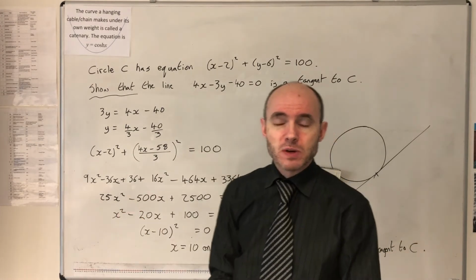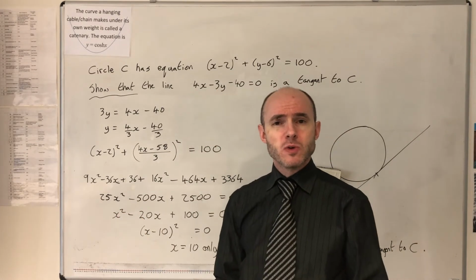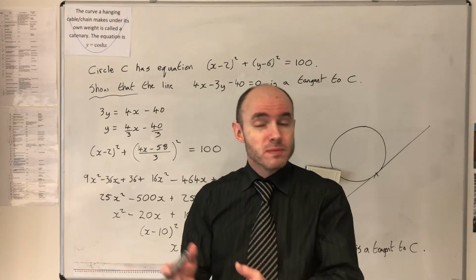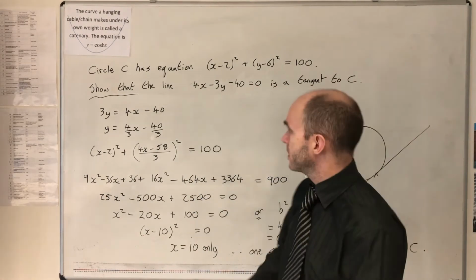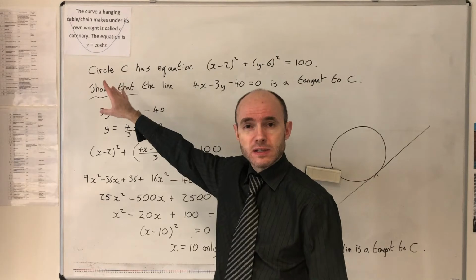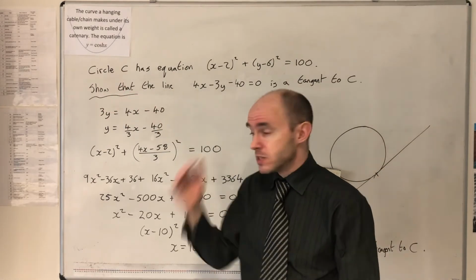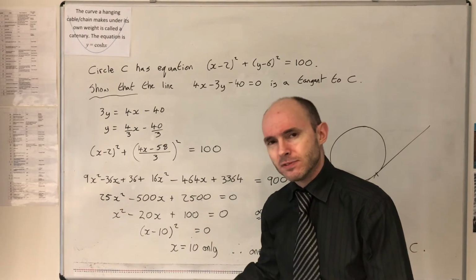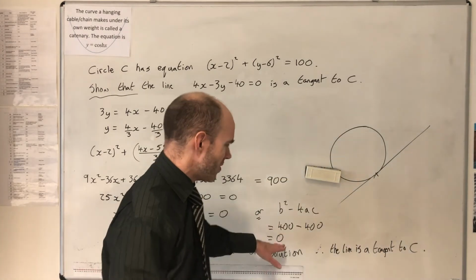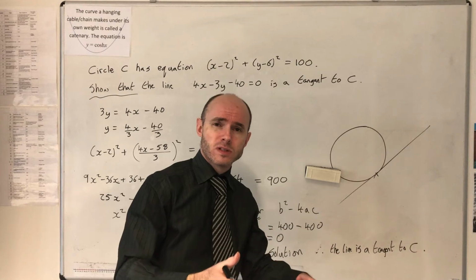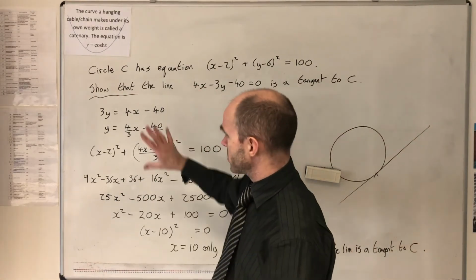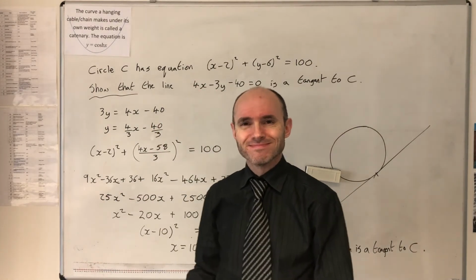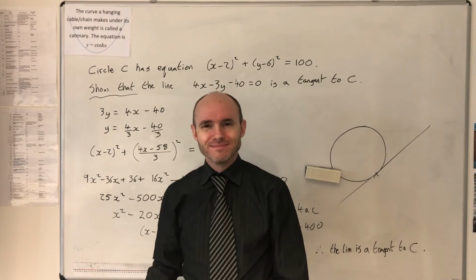It could be a question where you've got to show that a line does not intersect or touch a circle, in which case, again, you do the same thing, but this time you look at the discriminant is negative, and when the discriminant is negative, you write down there's no solutions, therefore it does not cross. So it's a lovely question with lots of different possibilities. Hope you enjoyed it as much as me.